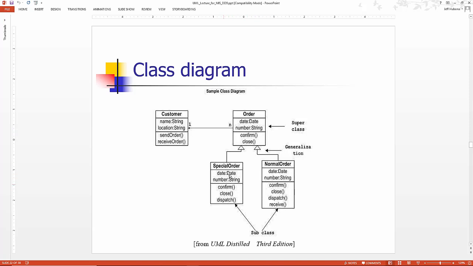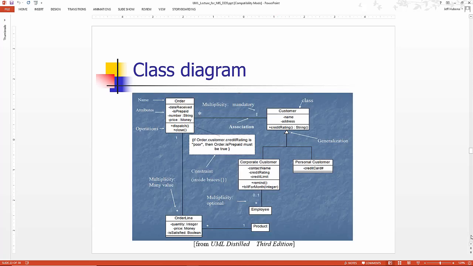So these two inherited classes, the inheritance flows down, have all of the properties of the order class. They inherit them automatically, but they also have their own additional properties. They inherit confirm and close, but this one, special order, has the dispatch functionality or operation, and this one has dispatch and receive specialized operations.